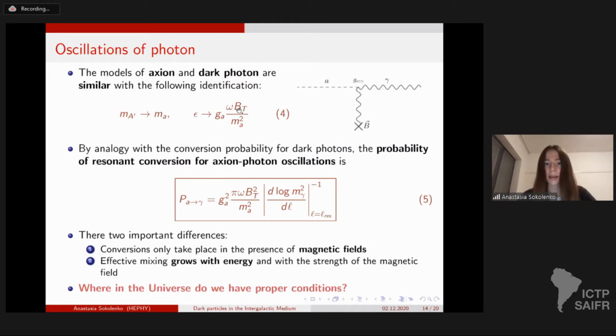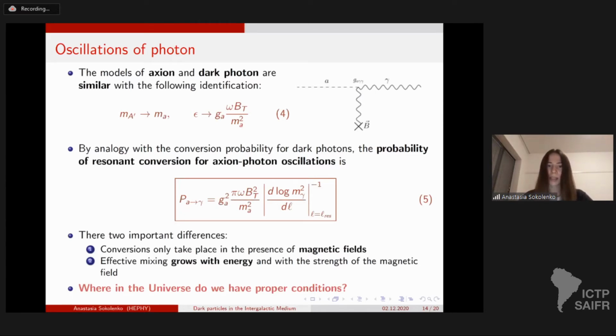That's the main important difference between axions and dark photons. But if you make these changes, then you get a very similar formula for the conversion probability of axions into photons. Now it's proportional to energy, so it's energy dependent, and it's also proportional to the magnetic field squared. So with higher magnetic fields, you have a higher probability of conversion. But the rest is the same.